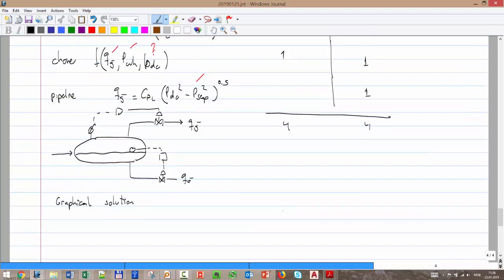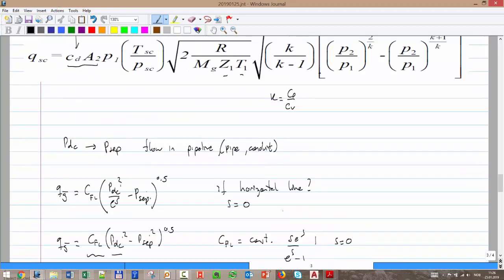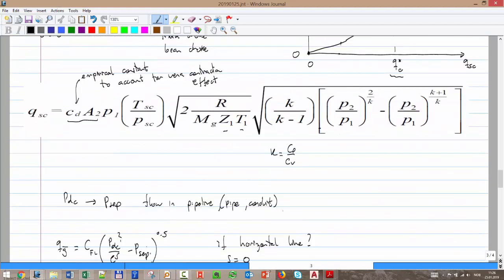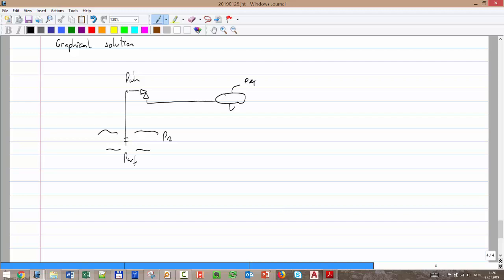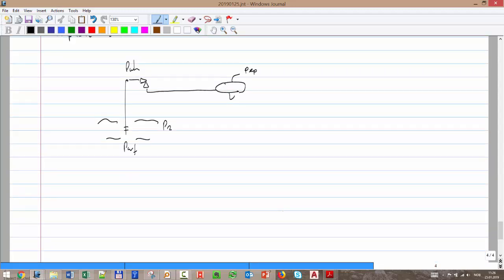Let's make the production system once more here. So we have our well. And here you have to make sort of a leap of faith.